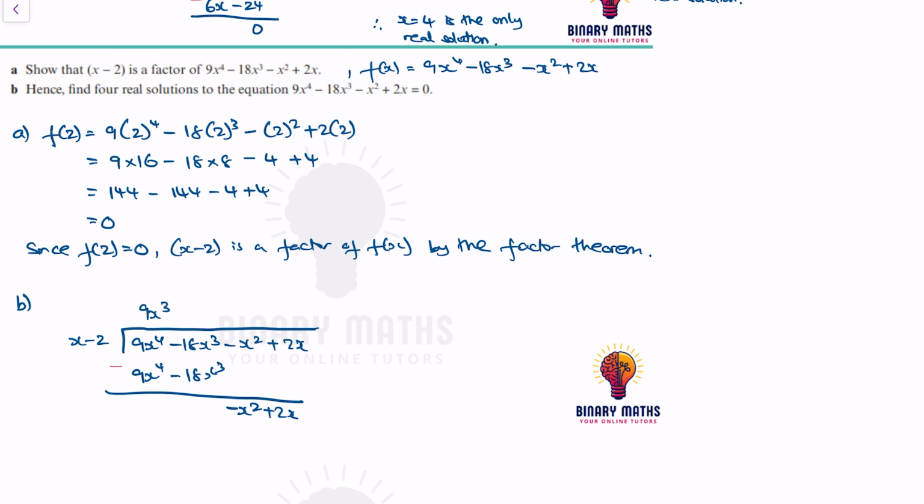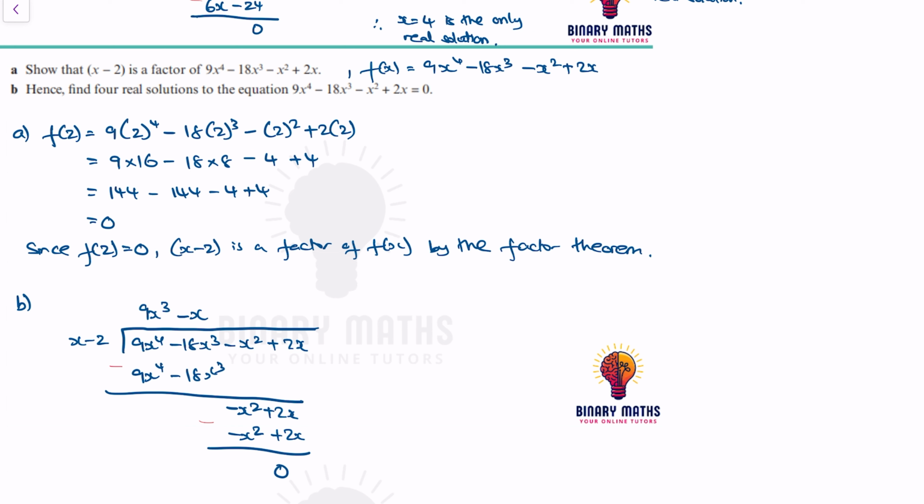Okay, x times what gives me minus x squared? It's minus x. So I get minus x times x, which is minus x squared, minus x times negative 2, which is plus 2x. Again, I'm subtracting these terms. When I subtract these terms, I'm left with 0, which is what I want.